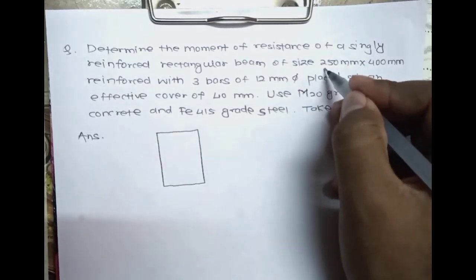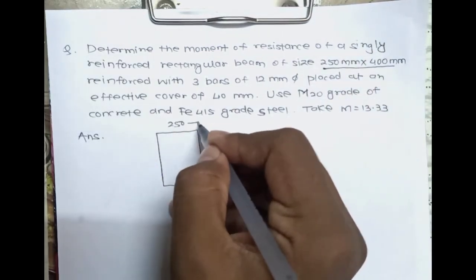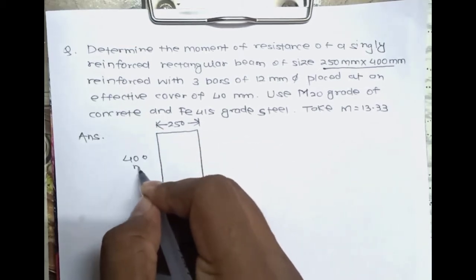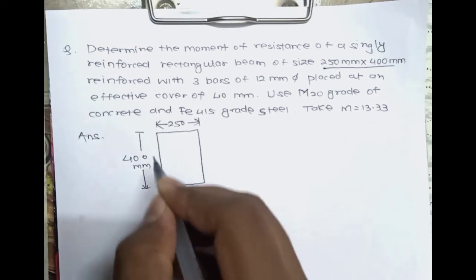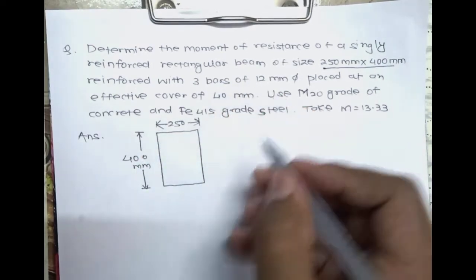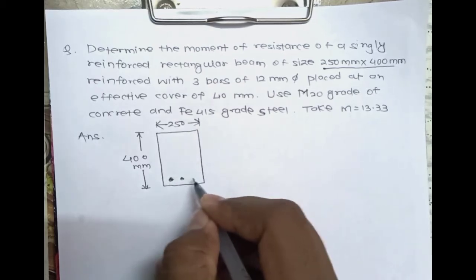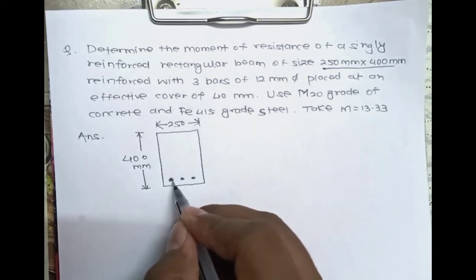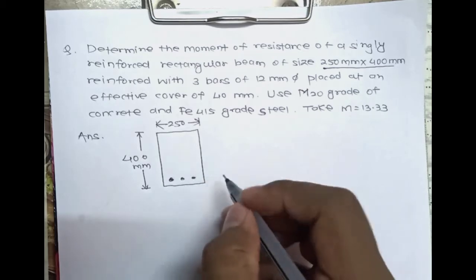We have a dimension of 250 mm and this distance is 400 mm. We are given 3 bars of 12 mm, so draw 3 bars here. It is a singly reinforced beam, so I have drawn these bars only in the tension zone.